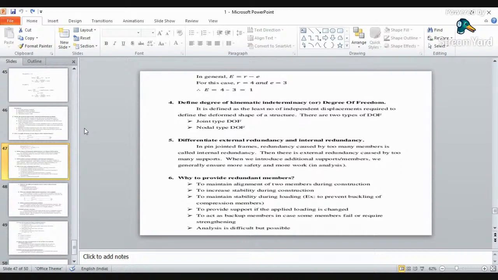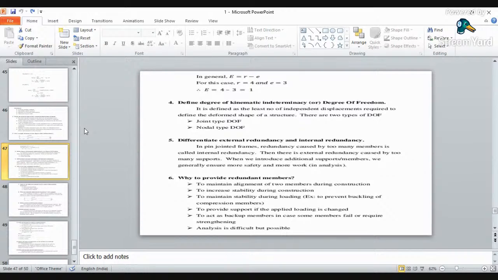If you consider a single block, it has 8 nodes. So 8 into 6 is 48 degrees of freedom. So DOKI, the degree of kinematic indeterminacy, for a single block having 8 nodes will be 48. So it is practically impossible to provide a determinate structure only.